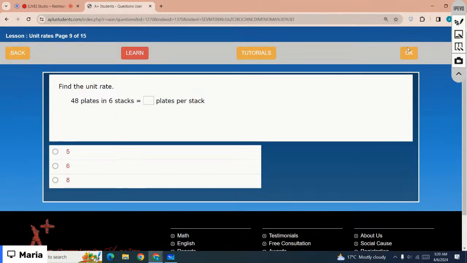48 plates in 6 stacks. So how many plates per stack?